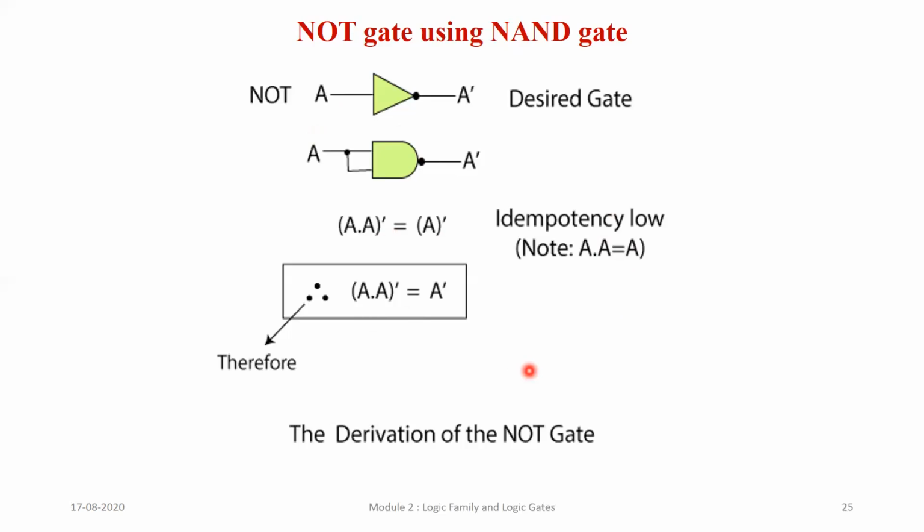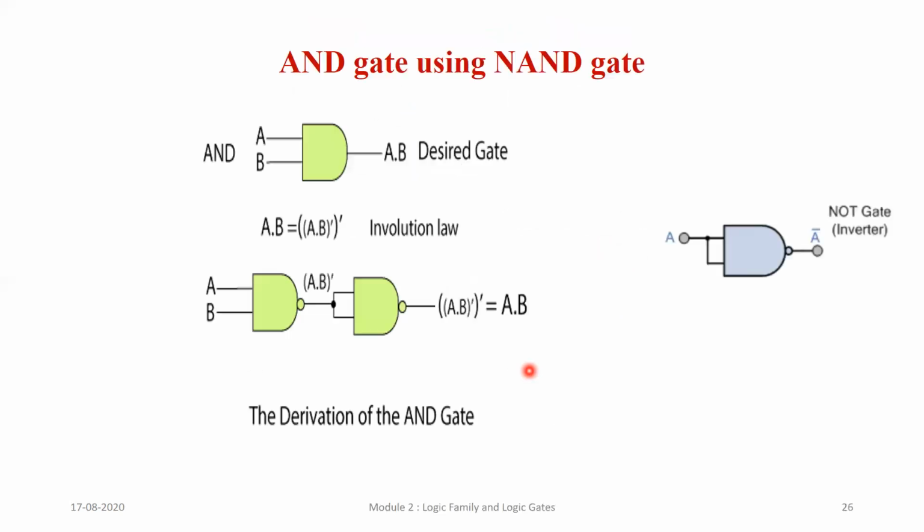The next one is AND gate using NAND gate. My normal operation of AND gate is AB. I give it to a normal AND gate and get A dot B. Now suppose I take a NAND gate. I can do many combinations, but there is one law we know: complement of complement gives me the same one.